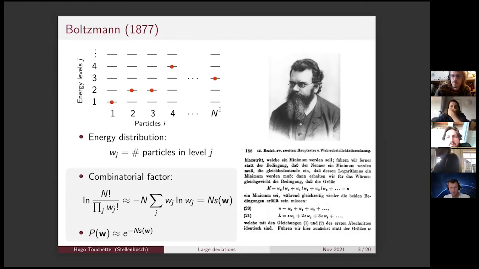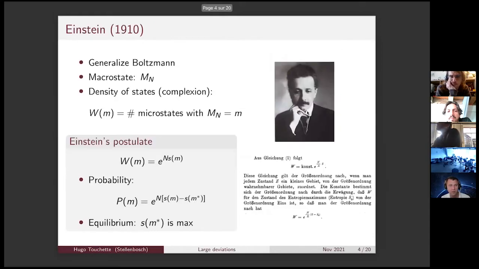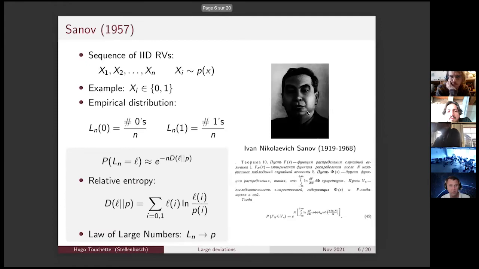Okay, thank you. And the second question would be related to Sanov's result. I think maybe the next one. Yeah, exactly. So here I see that relative entropy is a relevant quantity for characterization of asymptotic behavior of this distribution.